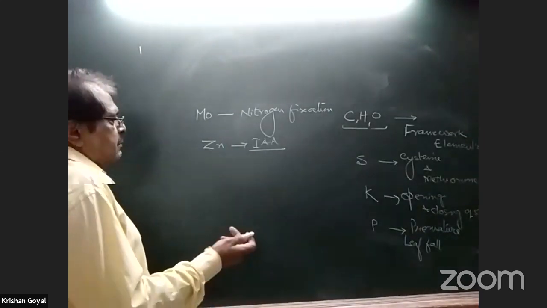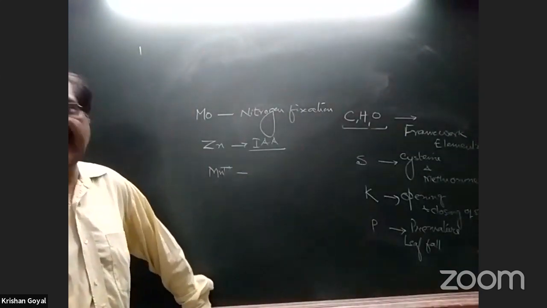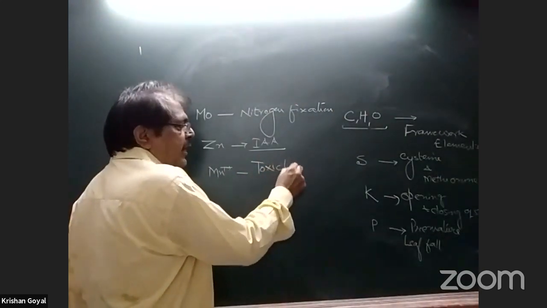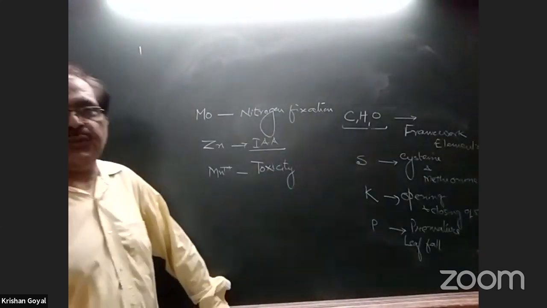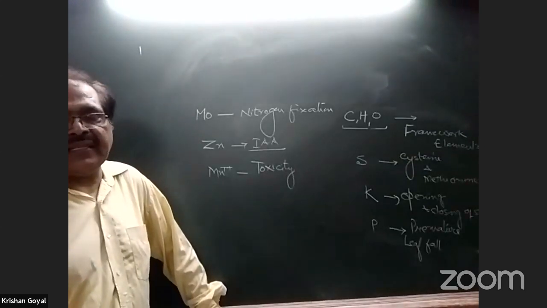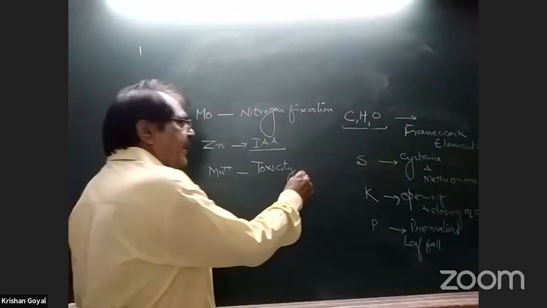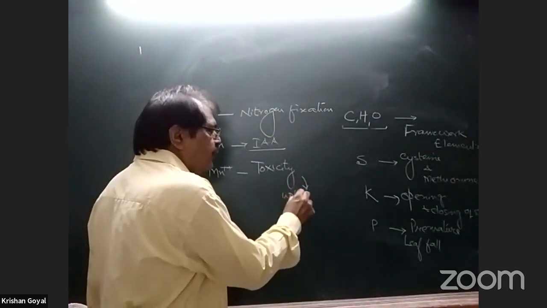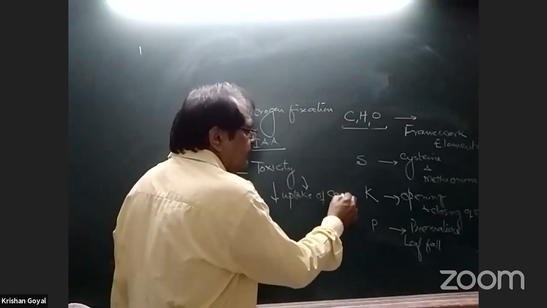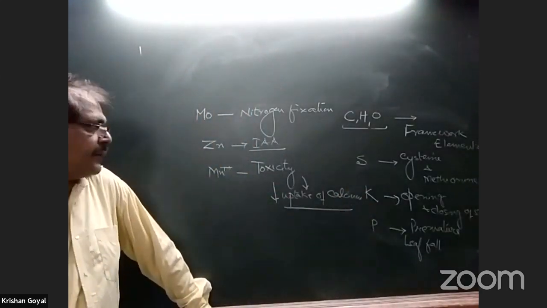Then comes manganese. A higher amount of manganese causes toxicity, because it will inhibit the uptake of calcium, which is very important.